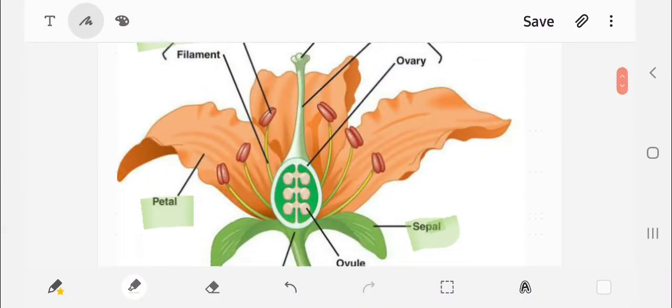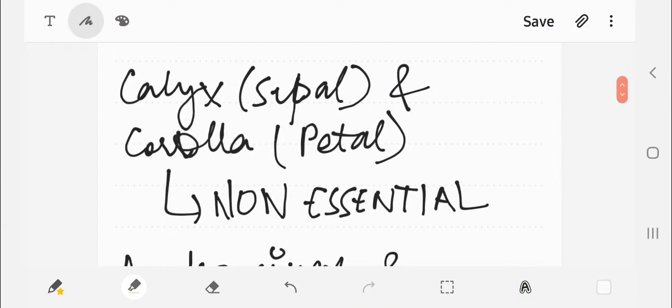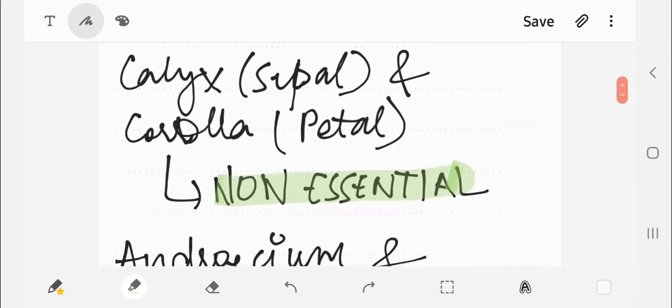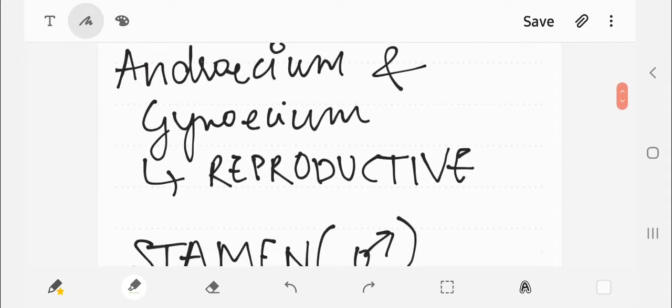Now calyx and corolla, they are the sepals and petals. They are known as the non-essential parts of the flower because they are not directly involved in reproduction, whereas androecium and gynoecium are the reproductive parts. They are directly involved in the reproduction of the plant.